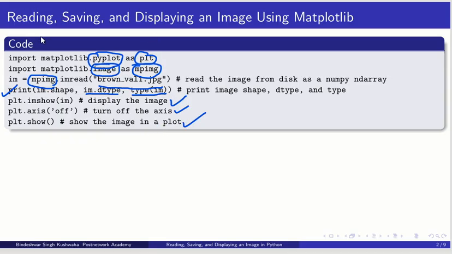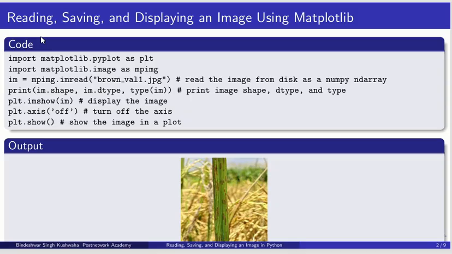So what would be the output? Basically the output would be like this. I have taken the image of a paddy leaf that has brown spot, which is a disease.